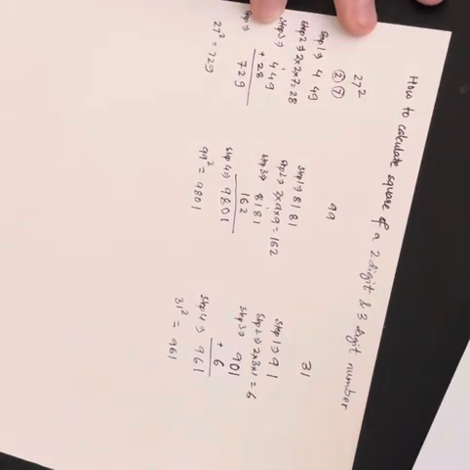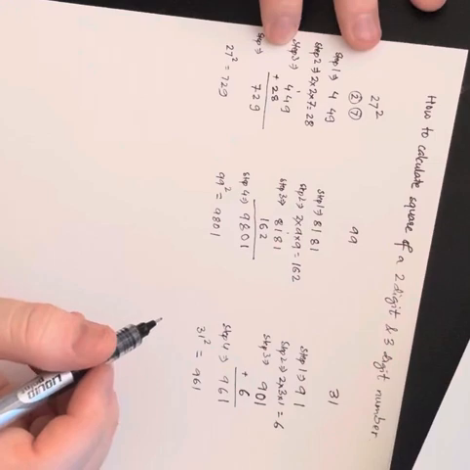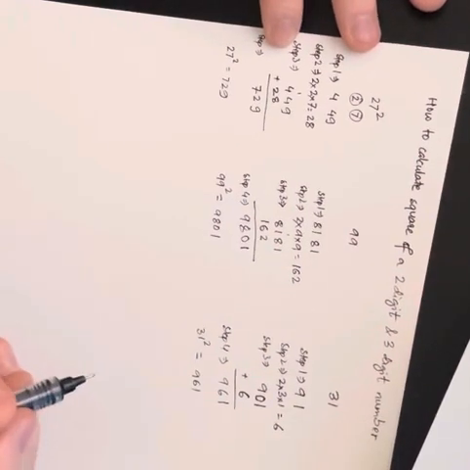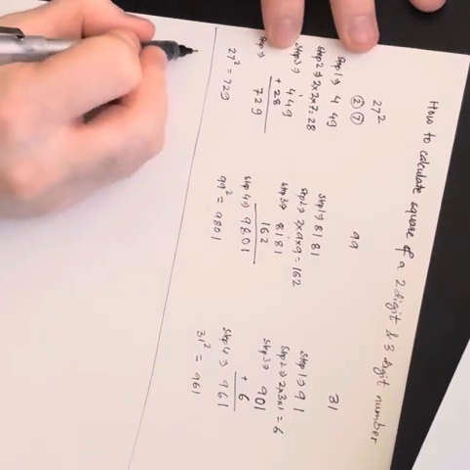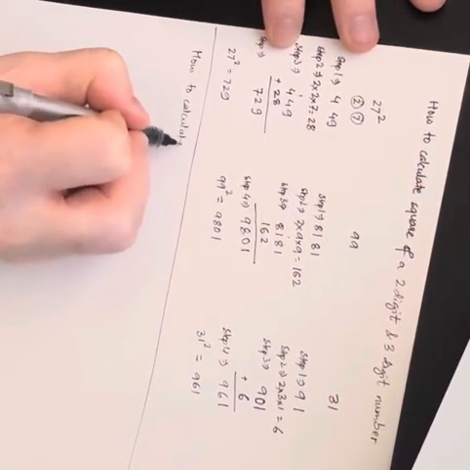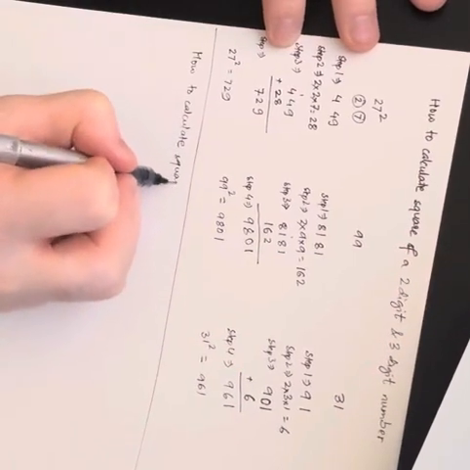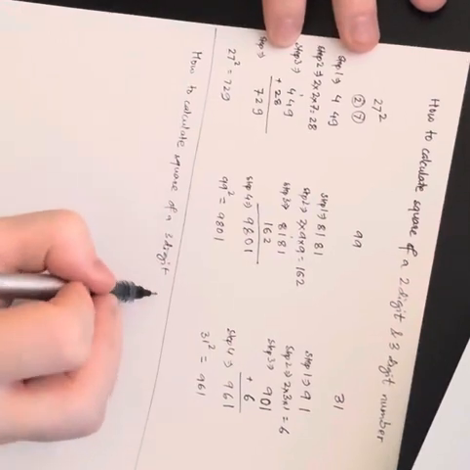Look, how simple is that? Okay, let's see an example of a 3-digit number now. How to calculate the square of a 3-digit number.